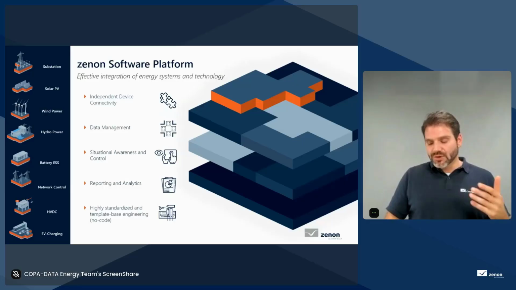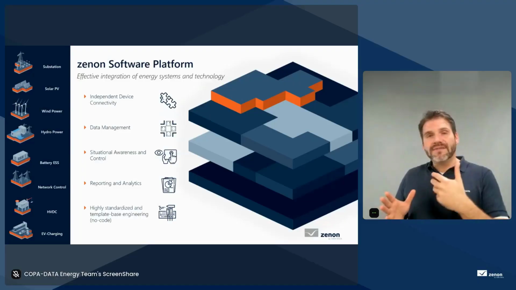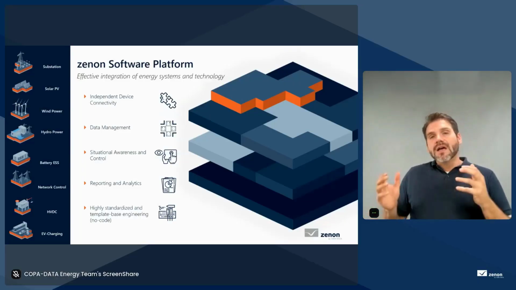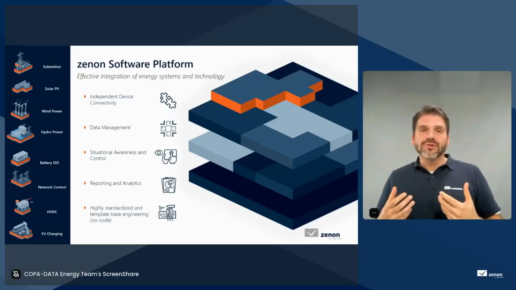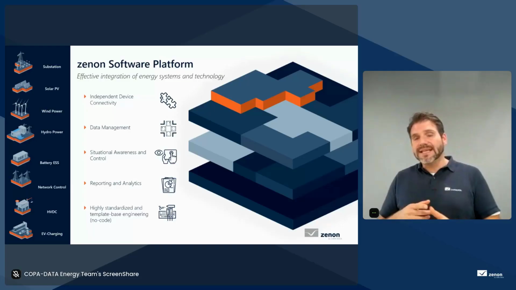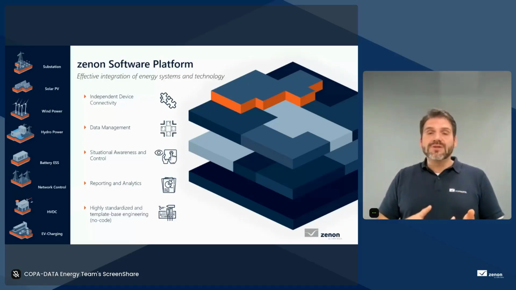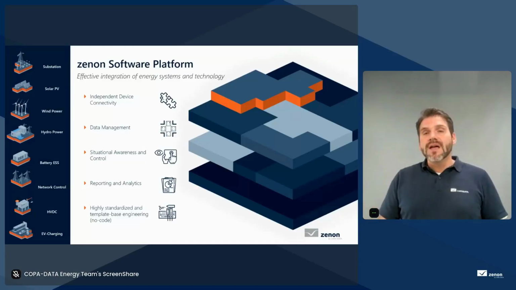That comes from the fact that the zenon software platform has a very, very big library of communication protocols, far more than 300 communication protocols, which are ready to use in order to connect devices from different vendors and from different assets. As soon as you have the information and the data in your solution, you can manage the data, structure it, archive it, forward or recalculate it, and forward it to other, let's say, third-party applications.